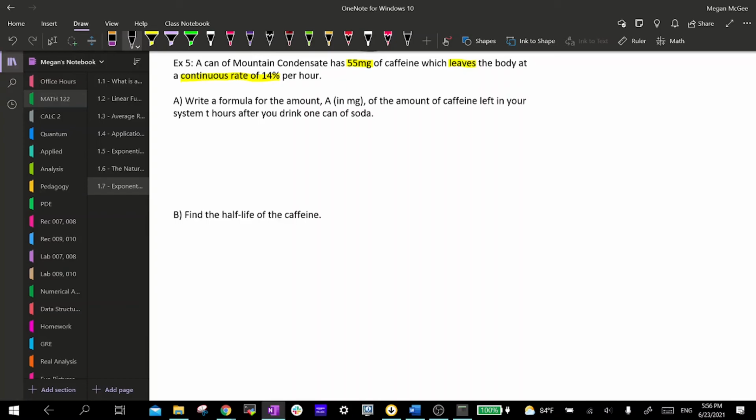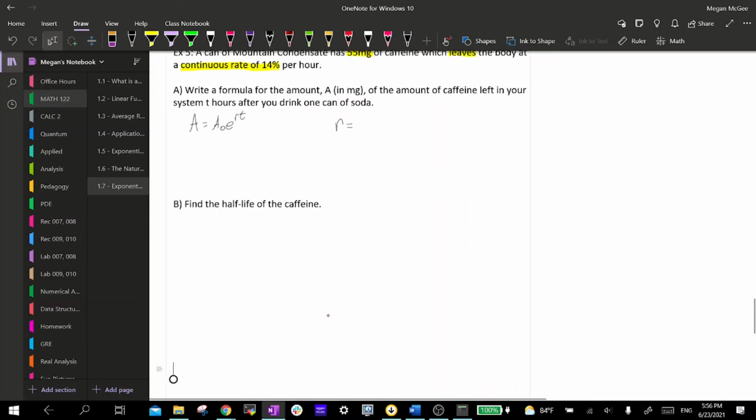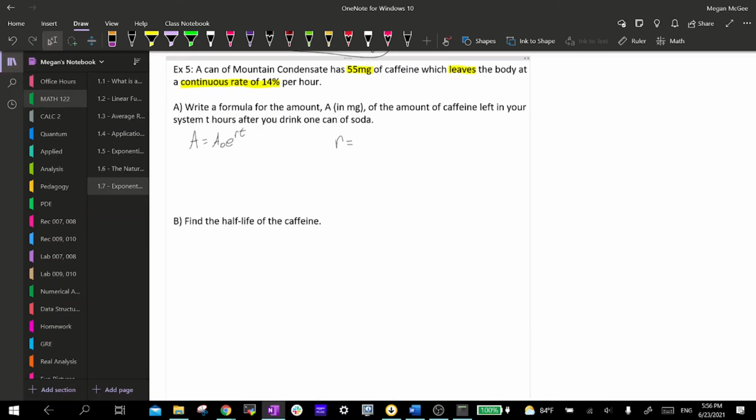In this case, it specifically asks us to use A instead of P. So we're looking for A is equal to A naught e to the rt, our continuous rate. R is equal to the decimal version of our percent, so 14% is 0.14.